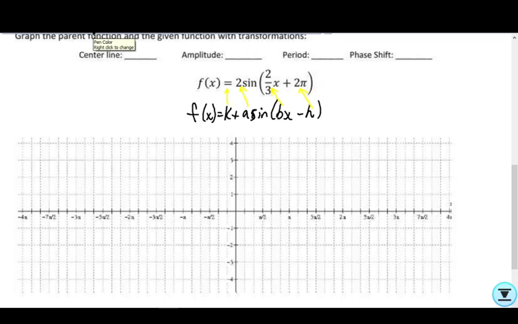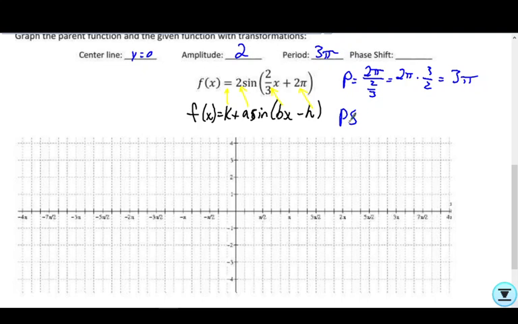So my center line is still y equals 0. Amplitude is 2. Period is going to be 2 pi over 2/3, which is 2 pi times 3 halves, which is 3 pi. So my period's 3 pi, which means it's horizontally stretched.